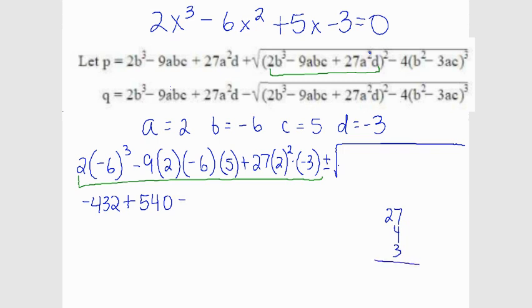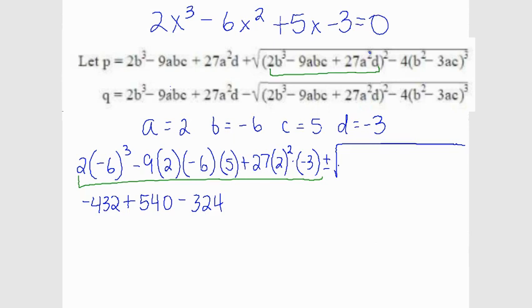Let's just multiply the end result by 3. So 27 times 4 is 108. 108 times 3 is 324. So minus 324, and then we'll go ahead and look at adding this up.